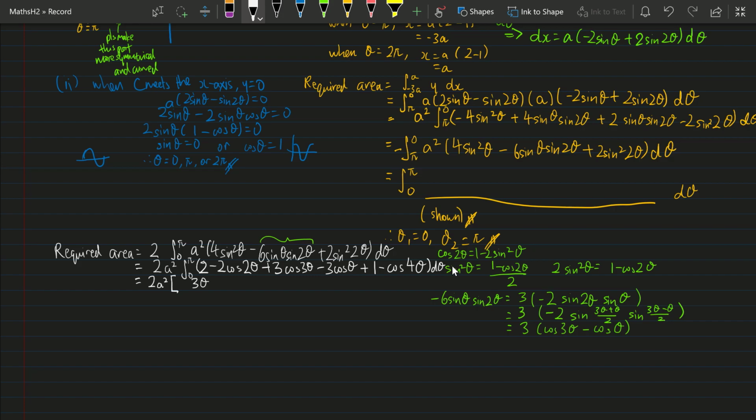Then the rest should be very easy. Integrate cosine, you get positive sine. Sorry, you differentiate cosine, you get negative sine. So you integrate cosine, you get sine, isn't it? So this one, minus 3 cosine theta, will just be, the sine is still not changed, minus 3 sine theta, correct?